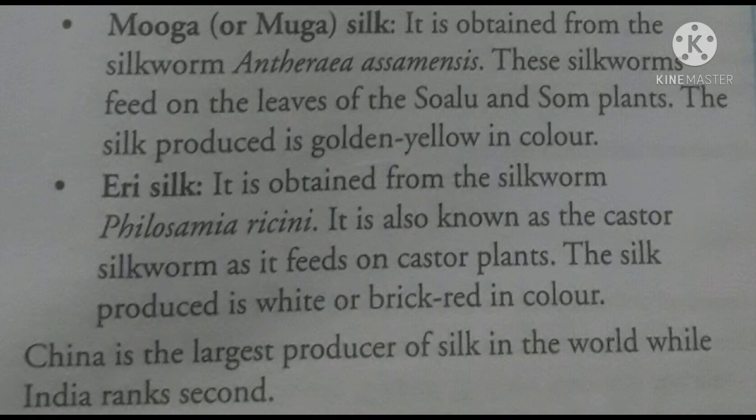Now eri silk is also called ahimsa silk, or the fabric of peace, as it is produced without killing the silk moth. The cocoon is processed after the silk moth leaves it. So it is also called ahimsa silk.